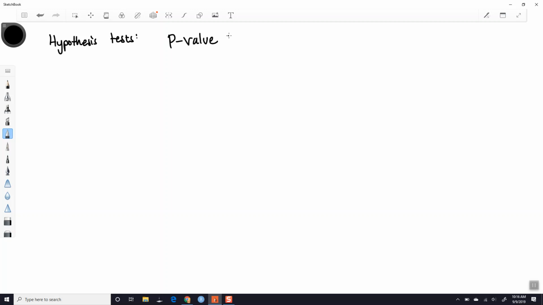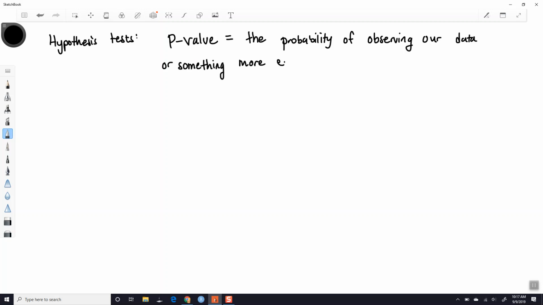The p-value is the probability of observing our data or something more extreme if we assume the null hypothesis were true.